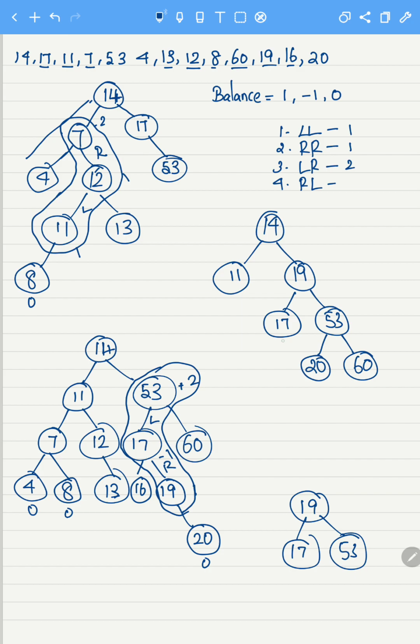Then left of 17 will be 16. Then the others remain unchanged, and 4. So this is your final tree. Hope you understood how to do AVL insertion. Thank you for listening.